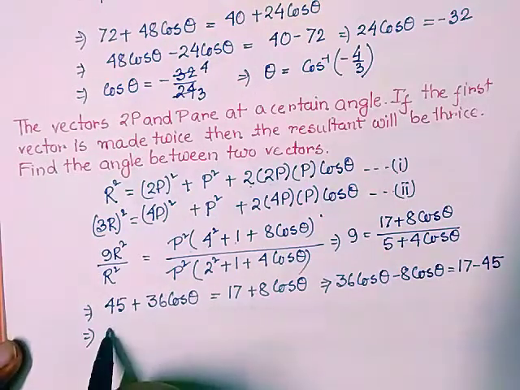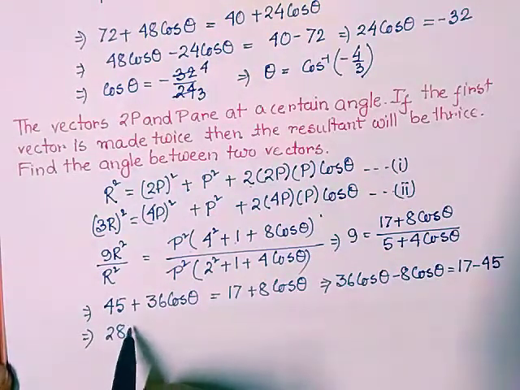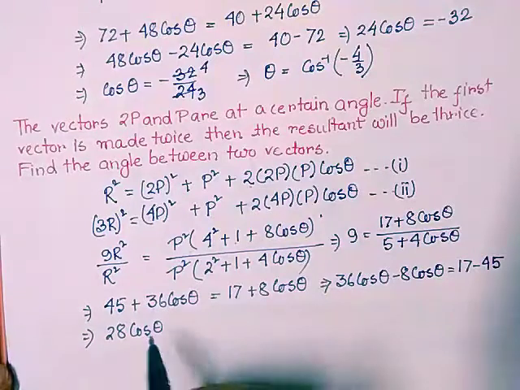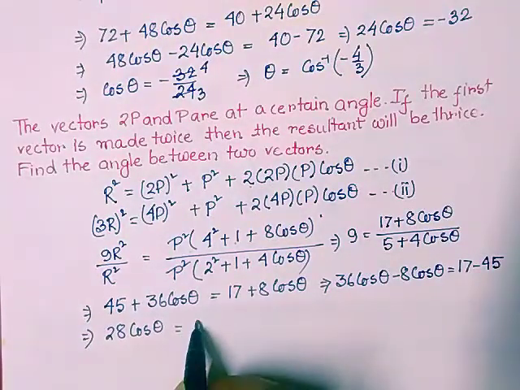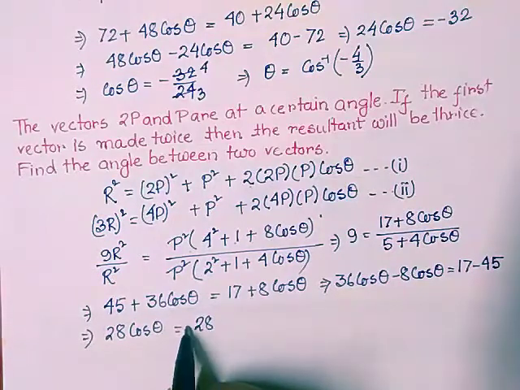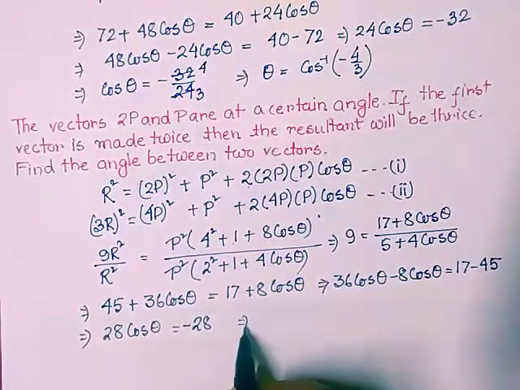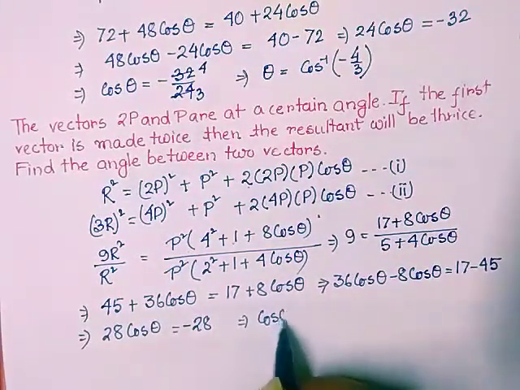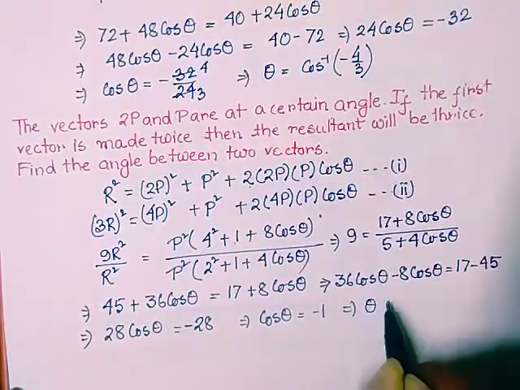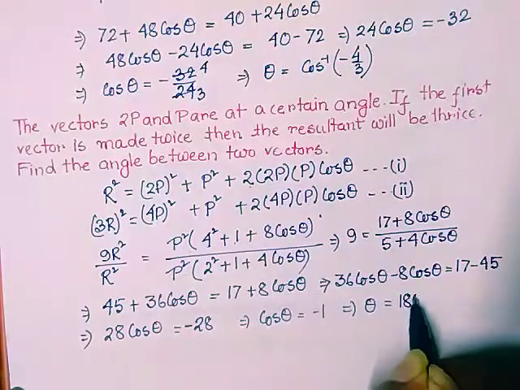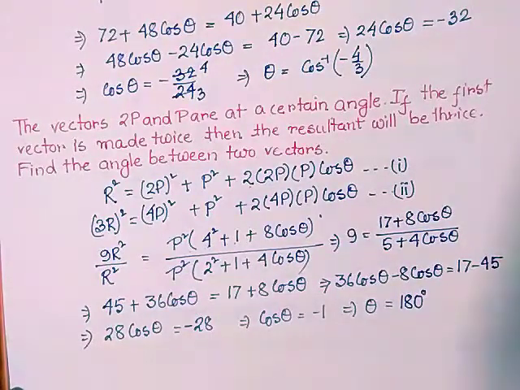So it is 28 cos theta. 17 minus 45 is again 28, but here there is a minus sign. So basically cos theta becomes -1. So what is the angle between these two? That is 180 degrees.